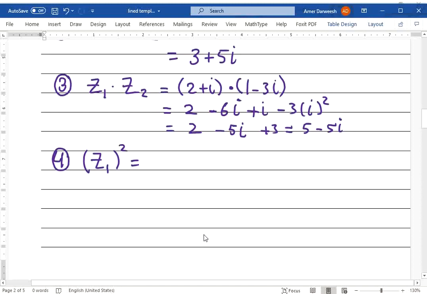هلا كمان ملاحظة لو ضربنا Z1 times Z1 إما بستخدم نفس الطريقة أو حتى بستخدم الإكسبانشن بالريال نمبرز.